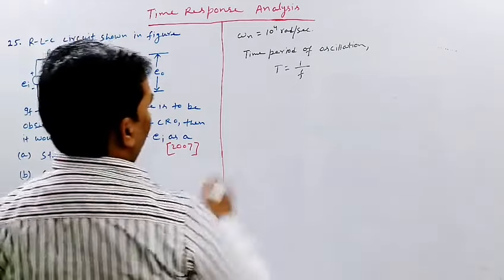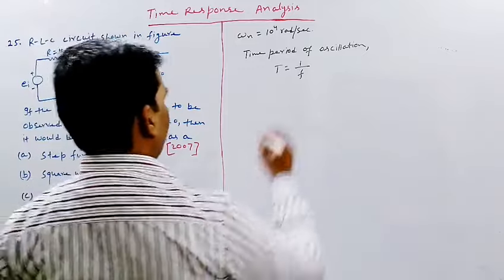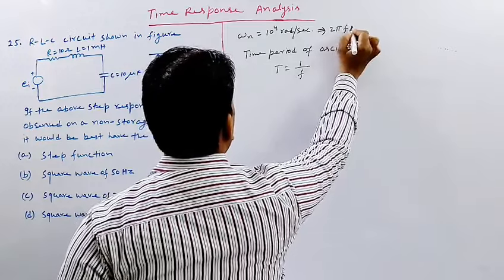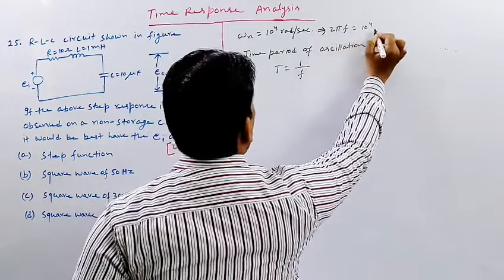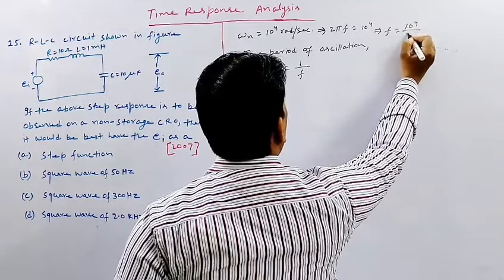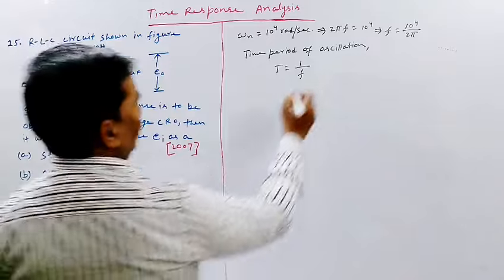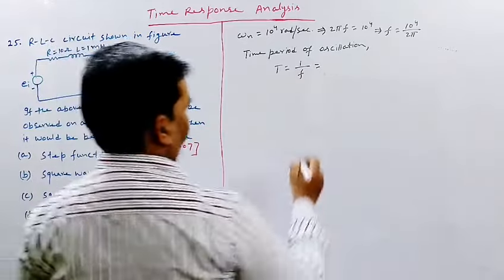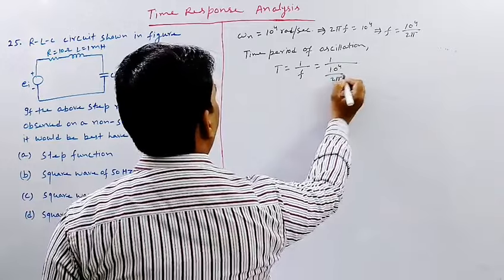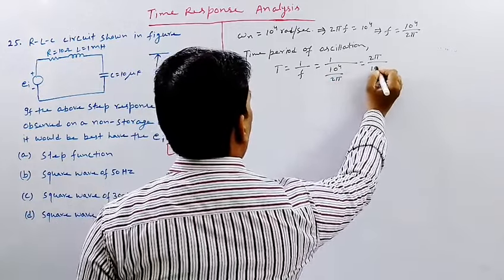So what is omega n? Omega n is 2 pi f. So from here we can calculate 2 pi f equal to 10 to the power 4. So f is nothing but 10 to the power 4 divided by 2 pi. So 1 by f will be 2 pi by 10 to the power 4.